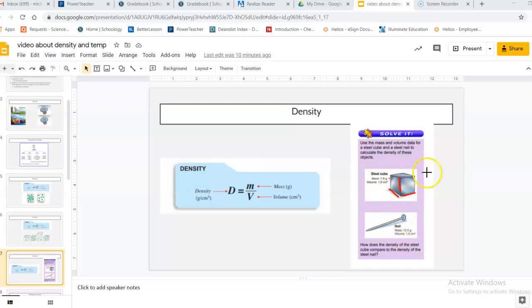So if I'm going to do this calculation, all I need to do is take D equals 7.8, and I'm using my mouse to write this, it's kind of tough, divided by 1.0.